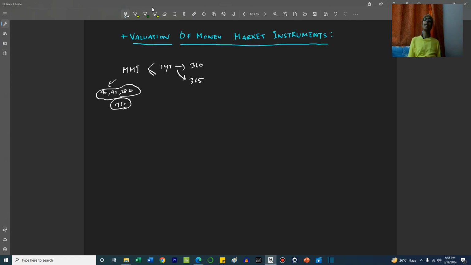Now, how do we calculate the future value of a money market instrument? The future value of a money market instrument is its present value multiplied by 1 plus the ratio of its duration divided by the number of days assumed for the year, this ratio multiplied by something called the add-on rate. This gives us the future value.